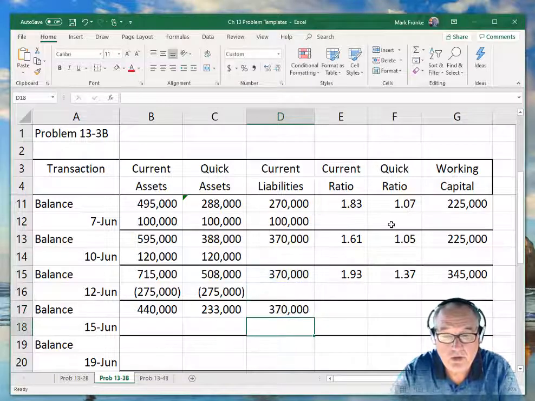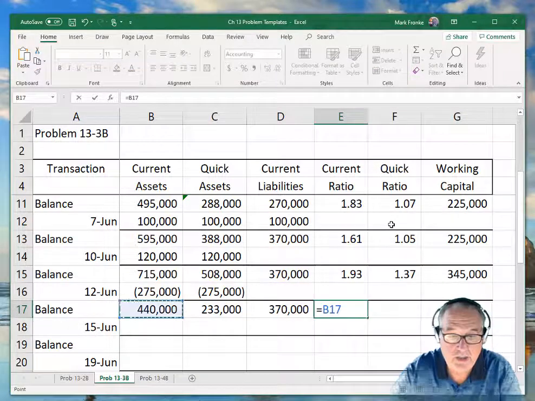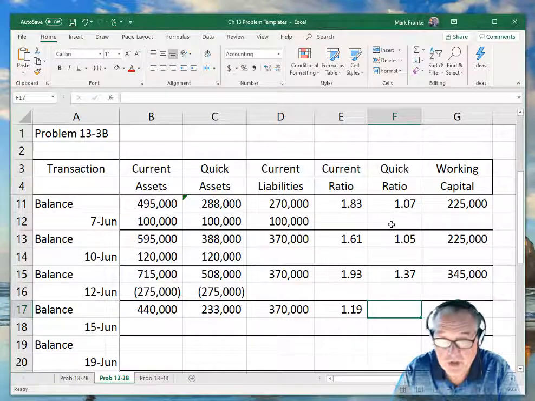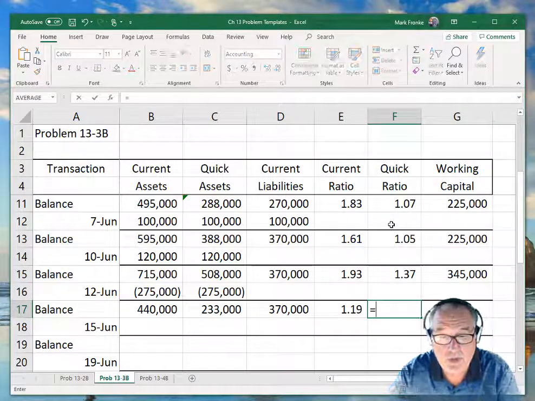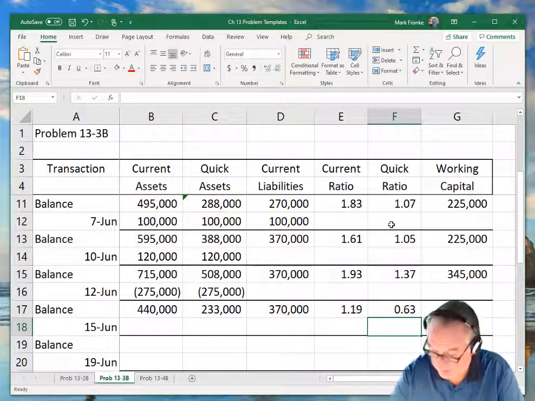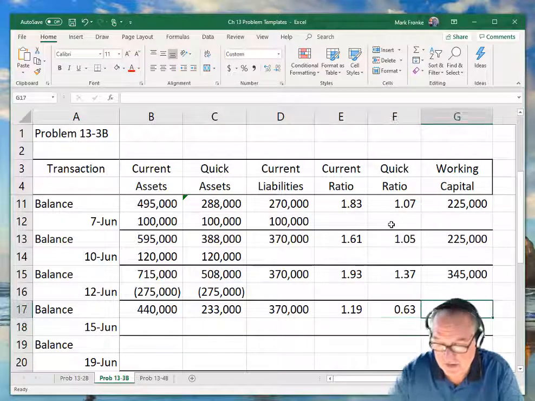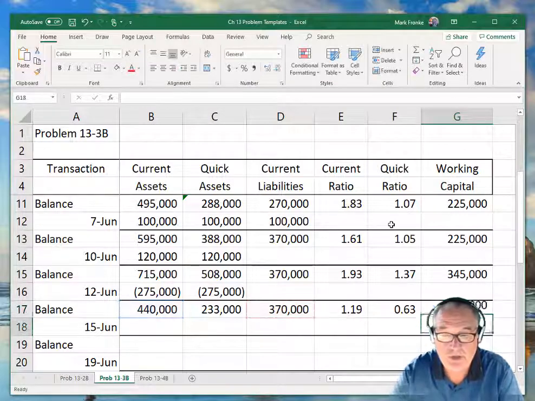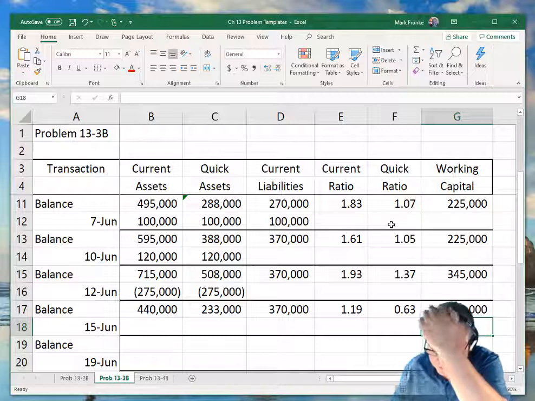Our current liabilities did not change. So now our current ratio is 1.19, and our quick ratio is 0.63, and our working capital dropped by $275,000. It's now $70,000.